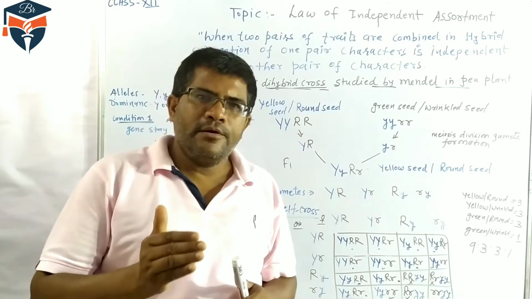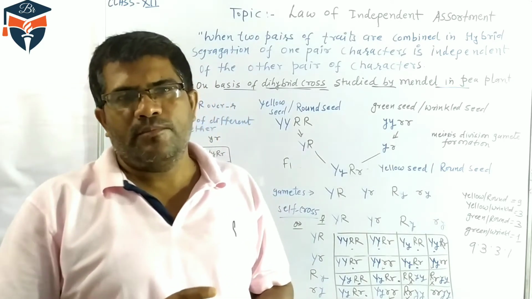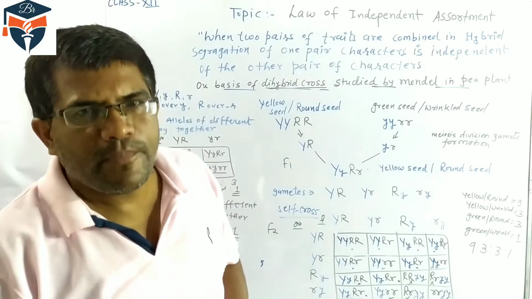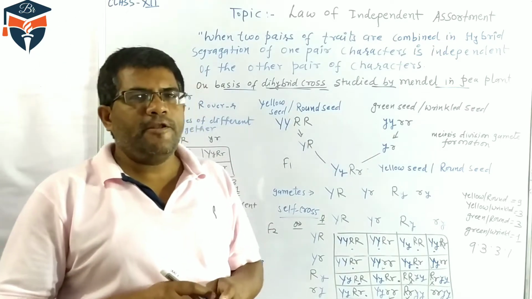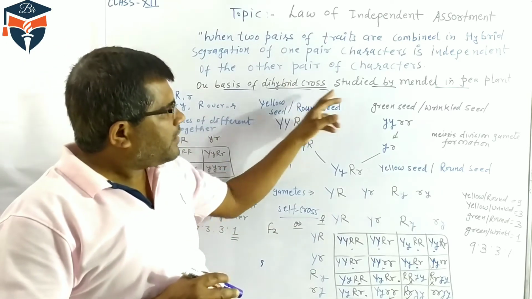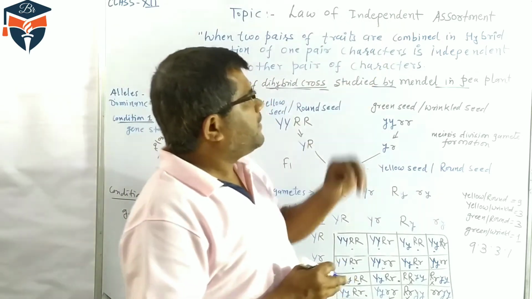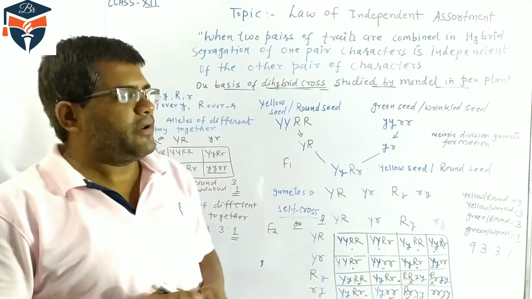He studied the inheritance of two pairs of genes in a pea plant in many experiments, and on the basis of the dihybrid cross he came to the conclusion of the law of independent assortment.